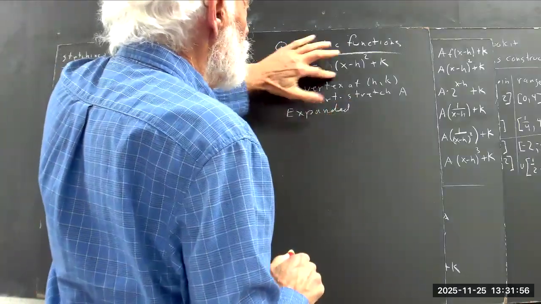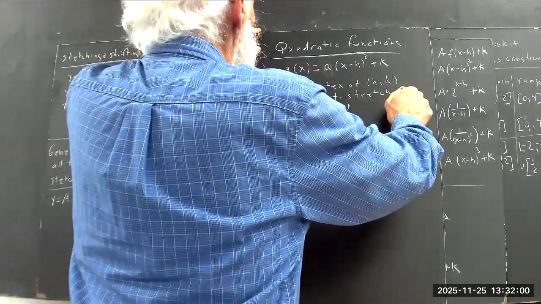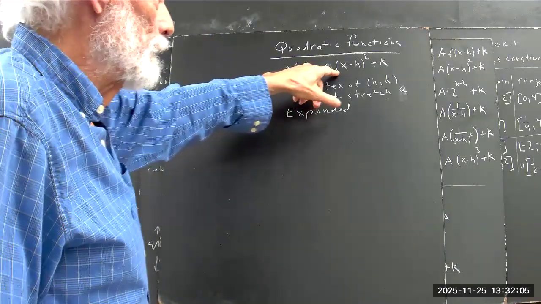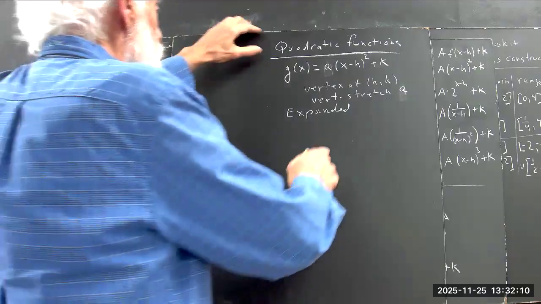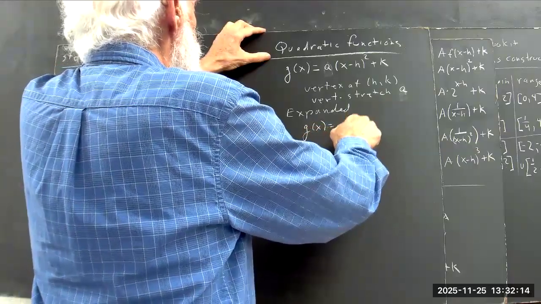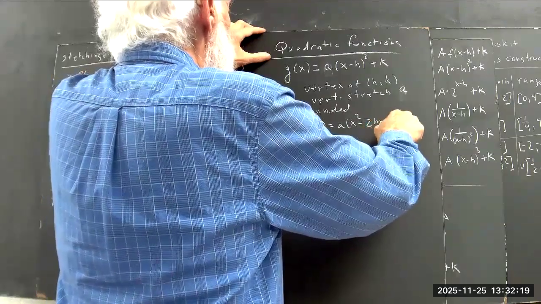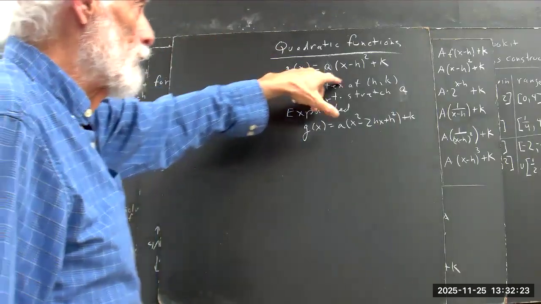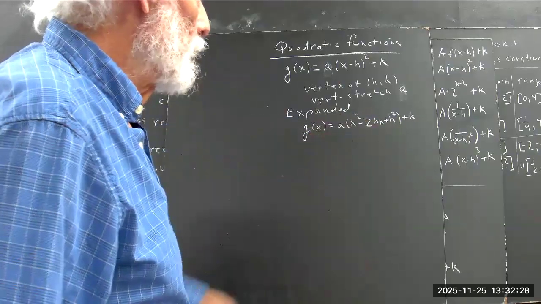Now, actually, I want to use the lowercase a for the quadratic function, because now when you expand this, you might do the x minus h squared plus k. You get x minus h quantity squared is x squared minus 2hx plus h squared.